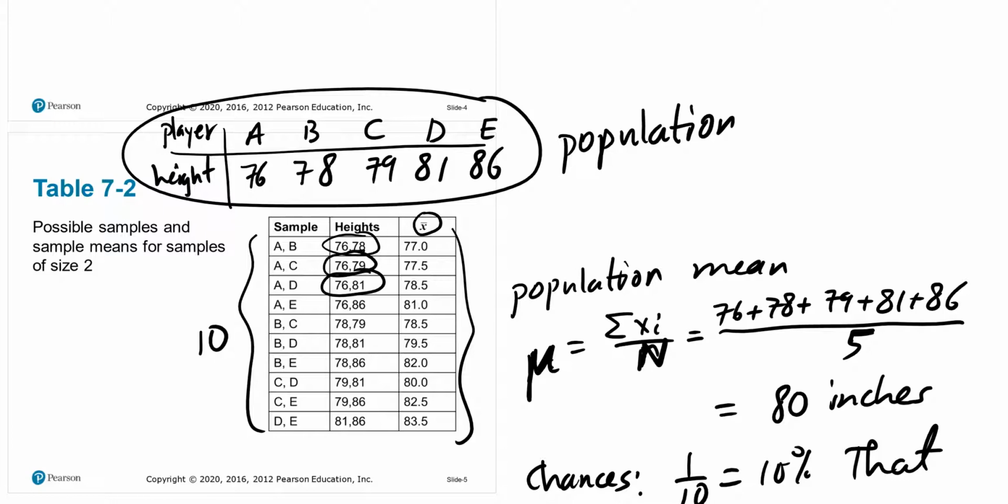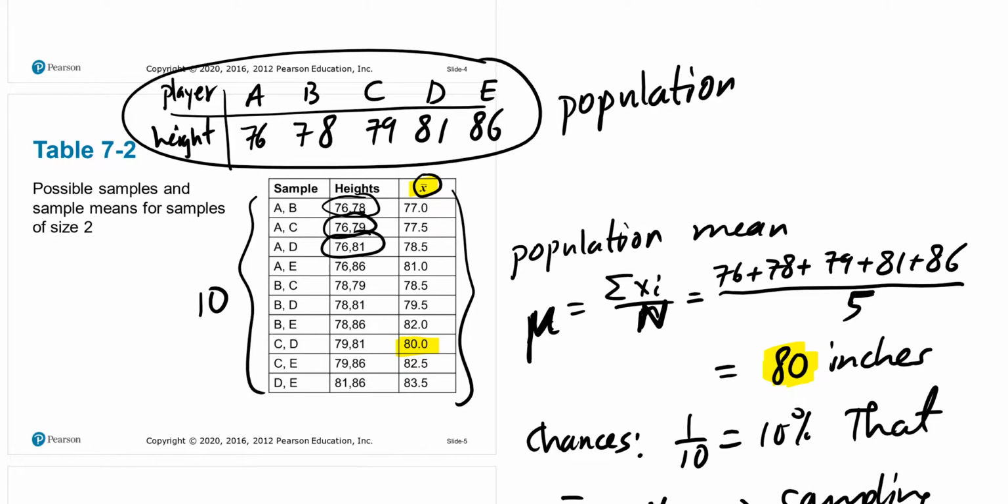Now if I look at the 80 inches and the means for these pairwise heights, only one of them matches. The rest are either a little less or a little more. So the chance that the sample mean equals the population mean was only 1 out of 10, or 10%.